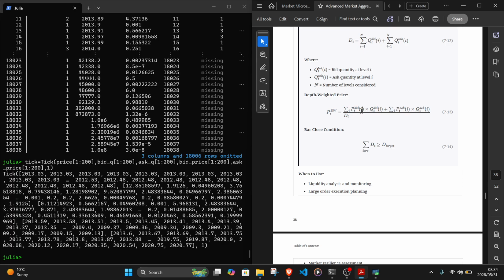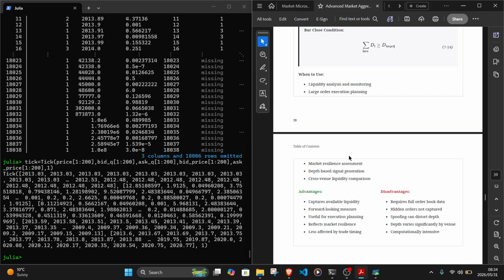You just weight the price with the depth, and it's also not in my computational functions definition, so it's irrelevant for now at least. And the bar close condition is defined as D sub T has to be greater than or equal to D sub target.